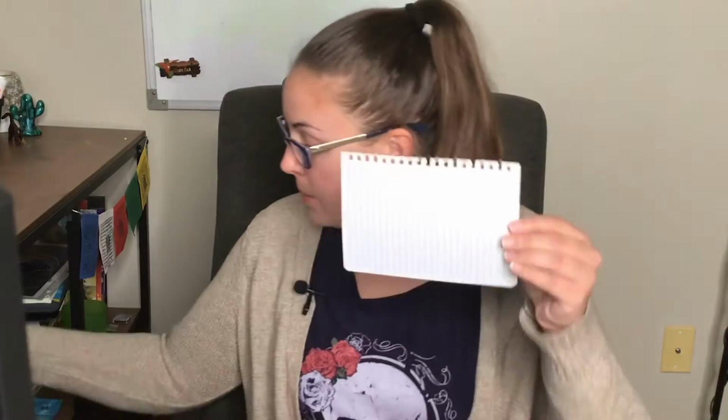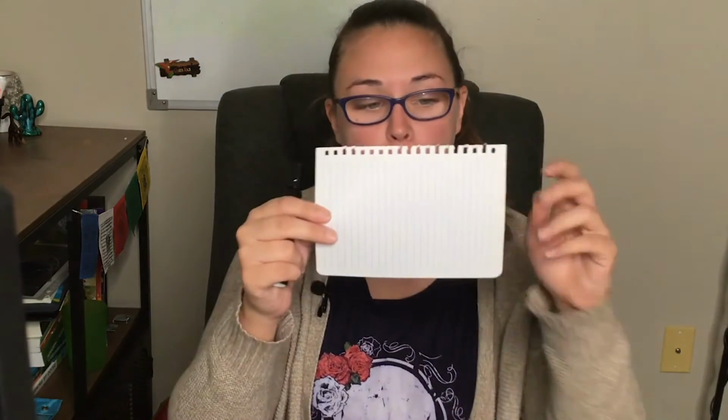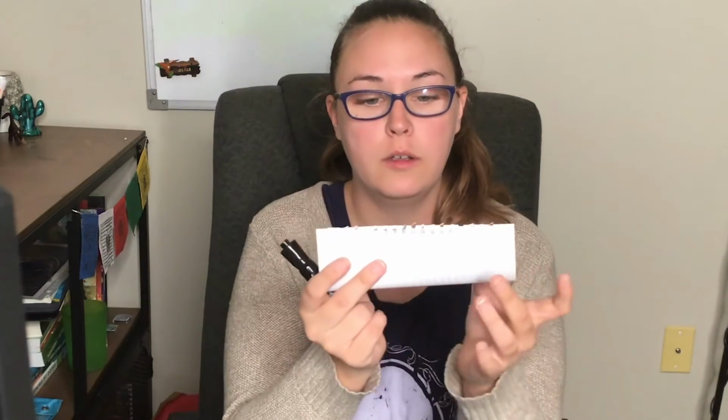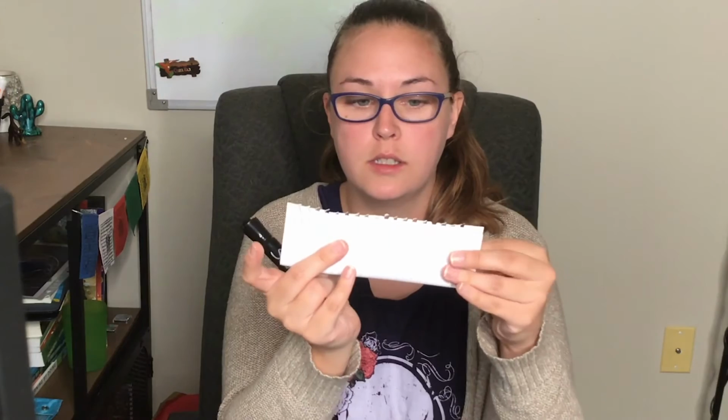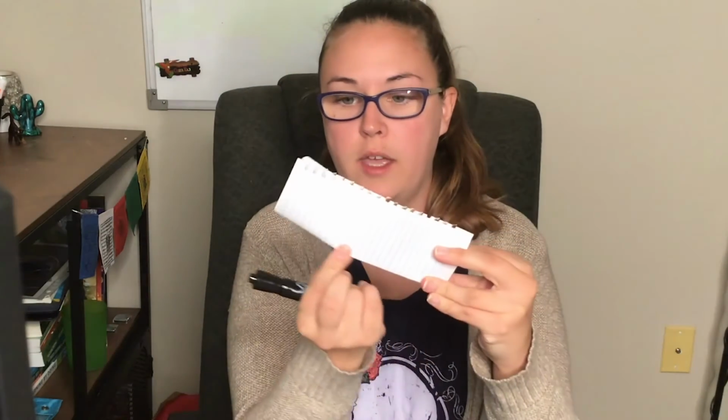Okay? But I'm going to take my piece of paper and find my marker, and I'm going to fold the piece of paper in half lengthwise, so that I'm folding the paper like a hot dog fold. And then I'm going to draw a horizontal line, and as best you can, I want you to try and draw 5 even columns.